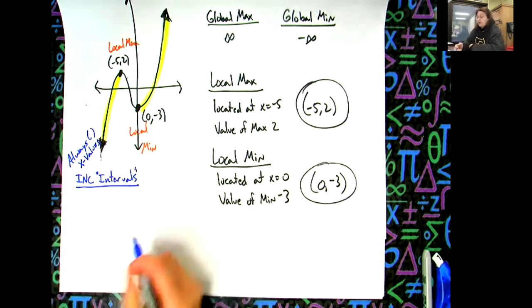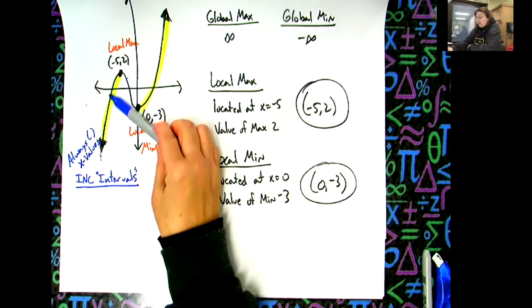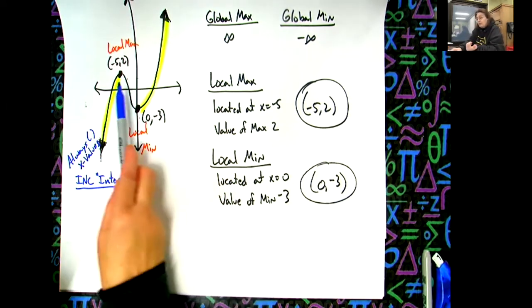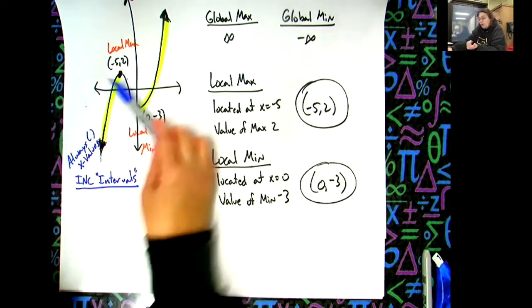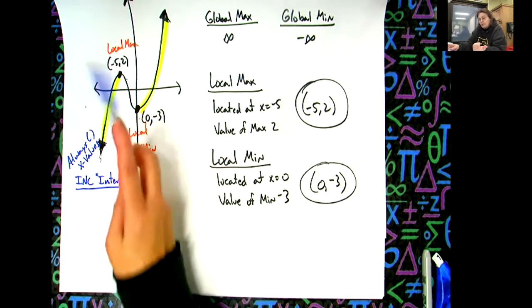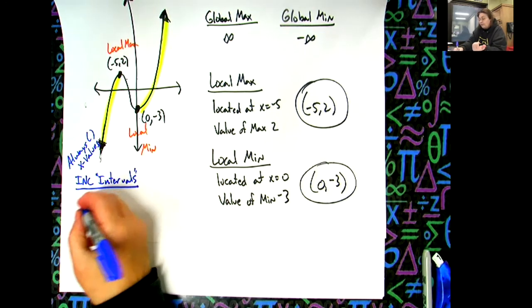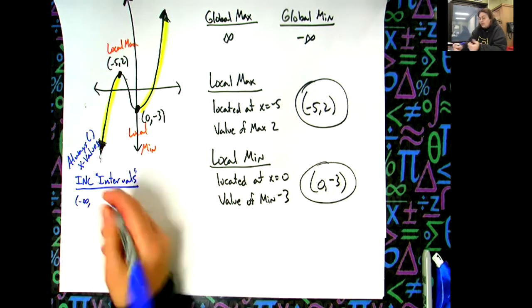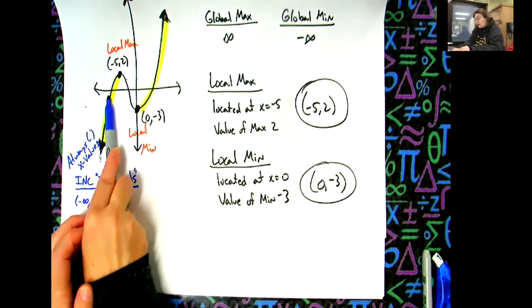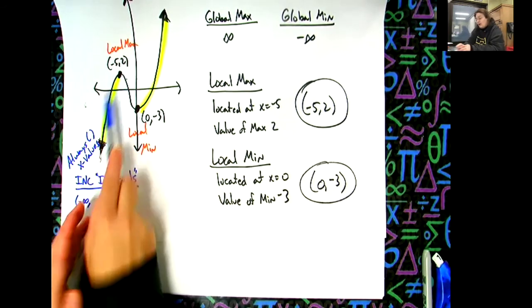It's x values. So what's the farthest x value that the graph attains? Yes, this is going down, but it's also going this way as well because it's at an angle. So the farthest x value that this attains is negative infinity. And then what x value does this come up to? Well, it comes up to the x value of -5.